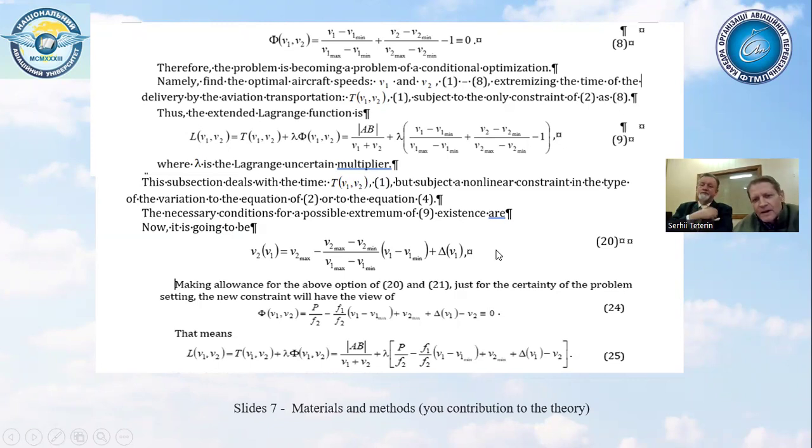In that case, we propose to go on with our search for optimal distribution between these speeds. Formula 20 is a supposition of a connection of the second kind. So it's the varied portion of the speed of the second aircraft as connected to the first one. And we added here the function delta.